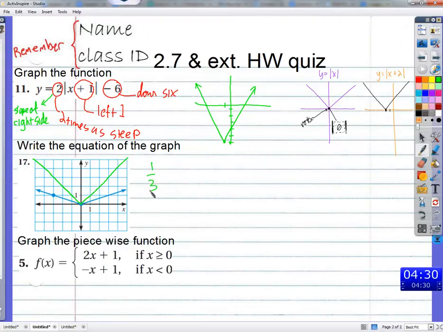So it's a third the steepness of the absolute value of x. So we multiply the outputs of the absolute value of x by 1/3. 1/3 of 1 will be 1/3. 1/3 of 2 will be 2/3. 1/3 of 3 will be 1. See how all the outputs are multiplied by 1/3. They're 1/3 of what they were. Questions?